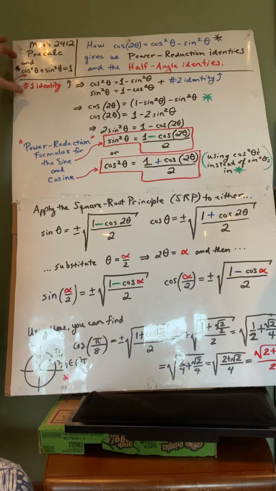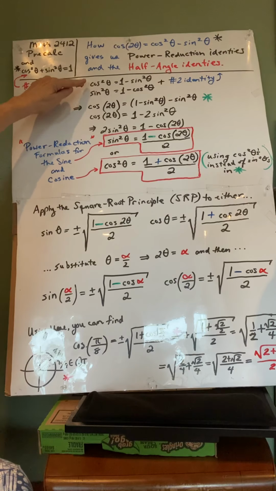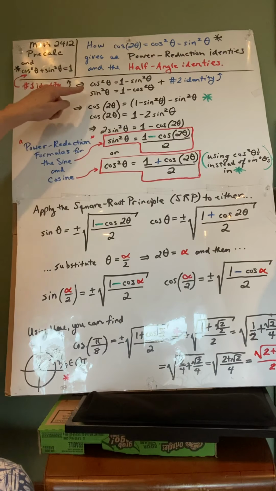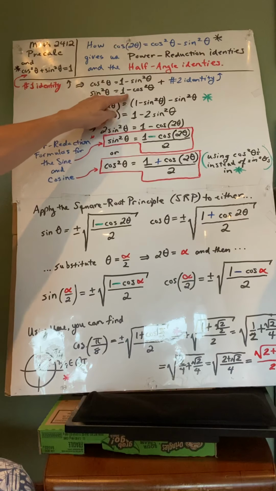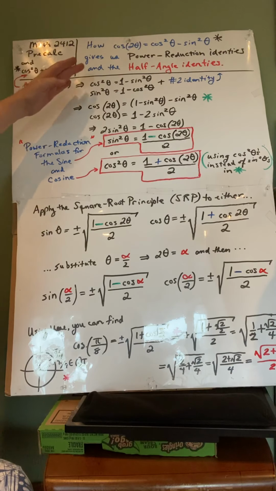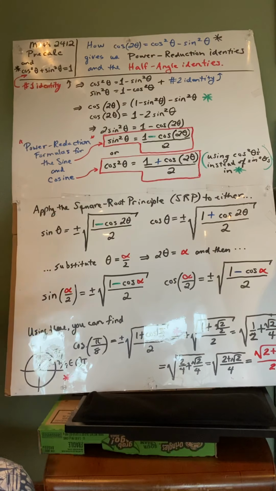Okay, so the number one identity, cosine squared plus sine squared equal to 1, actually gets used in one of these two forms a lot in the calculus. Replacing the cosine squared with 1 minus the sine squared, or vice versa, replacing the sine squared with 1 minus the cosine squared. Both of those come from this, right? Just solve for the cosine squared by subtracting the sine squared, or solve for the sine squared by subtracting the cosine squared.